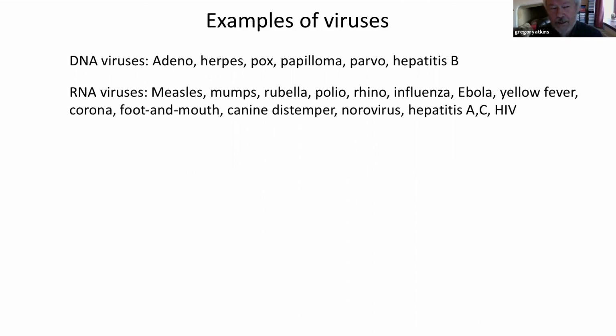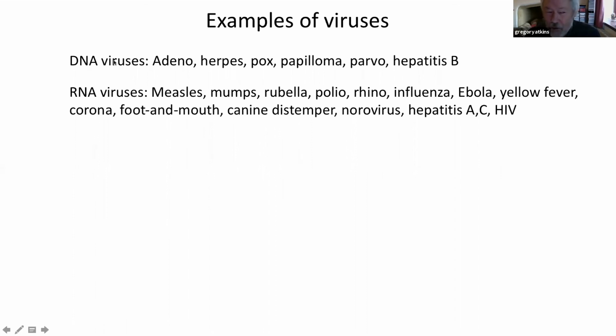So they can have these genes in DNA, but viruses can also have RNA as their genetic material, and in this way they're unique. Viruses having RNA are quite different from all other living things, if that's what they are, in having RNA as their prime genetic material. So there are these two different kinds of viruses.